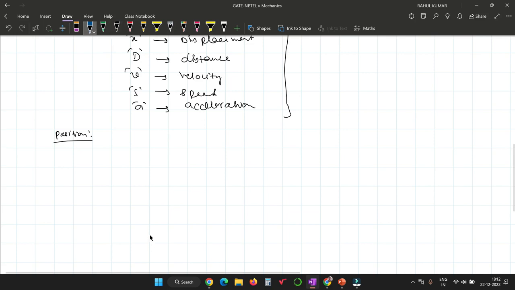Distance from the reference point. Distance. You're talking about distance. Yes, sir. Suppose this is the reference point, and there is an object, and it is traveling like this. So this is called the position of this point A.